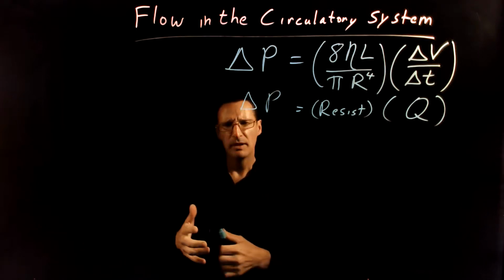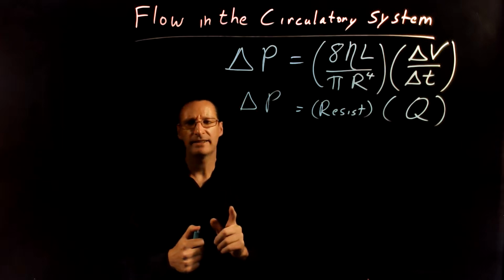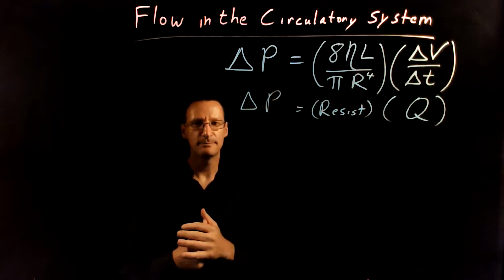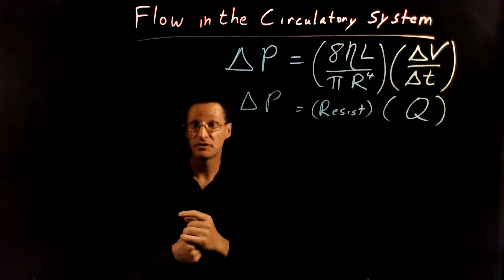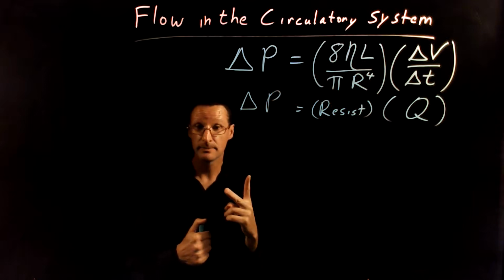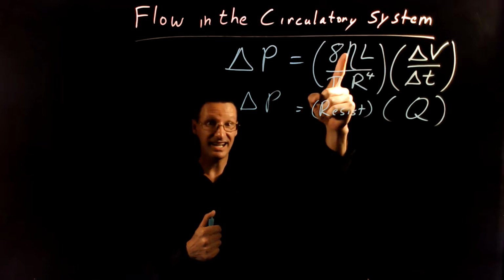Okay. Let's think about another question. What would be the effect of high blood fat on the flow of your blood? Think of two effects, two terms in here that will change if you had high blood fat. One of them, hopefully you would recognize, is the viscosity of your blood.